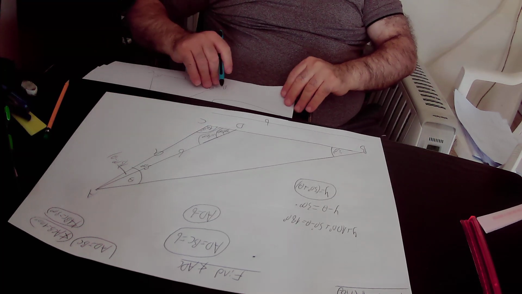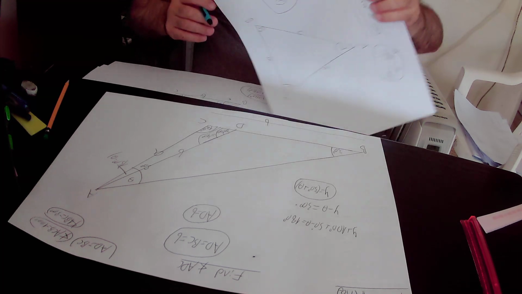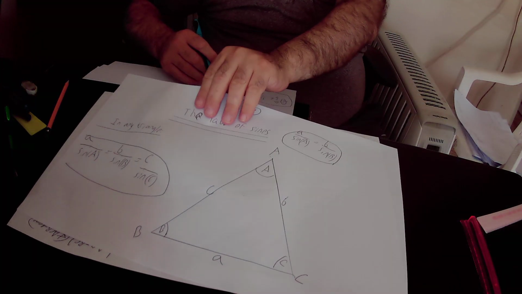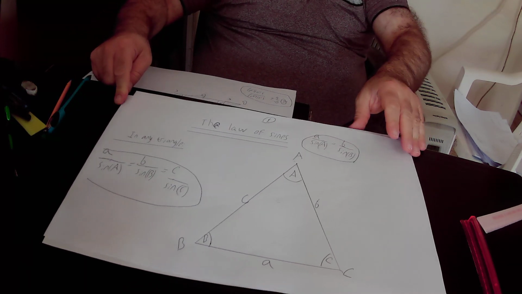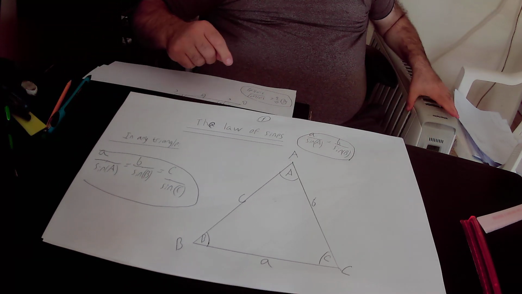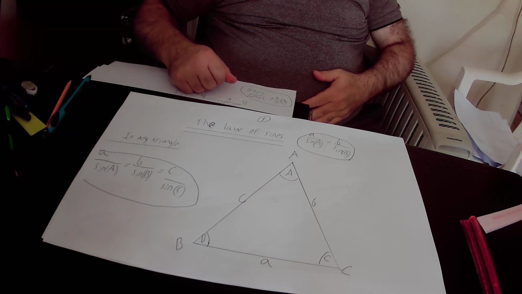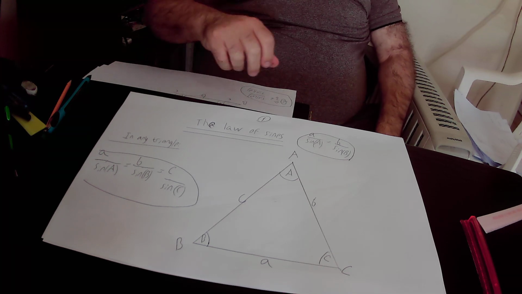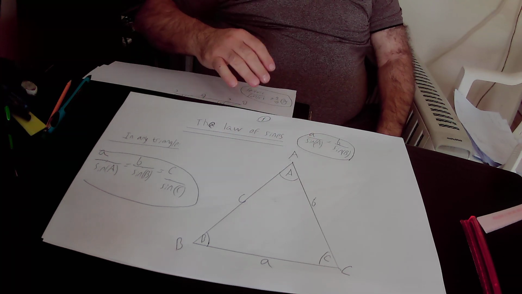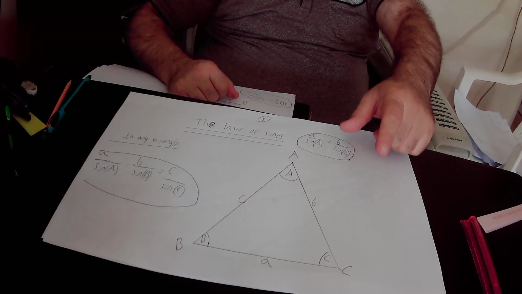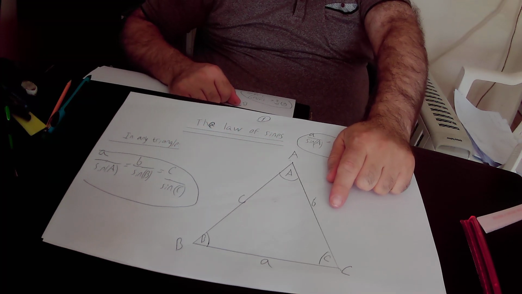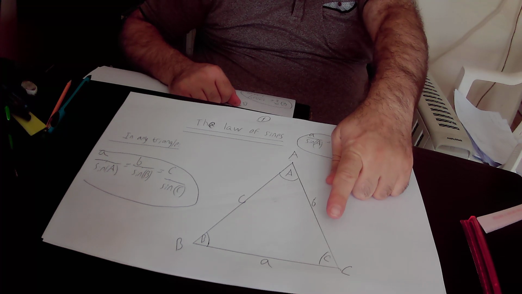Then I presented to you the law of sines. The law of sines is true in any triangle. If we have triangle ABC, this triangle could be any triangle, we know that side AB equals C units in length, side AC equals B units in length, and side BC equals A units in length.